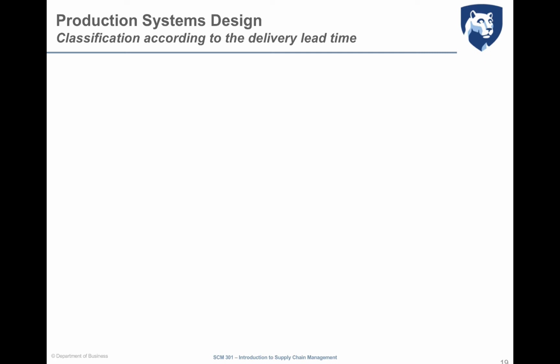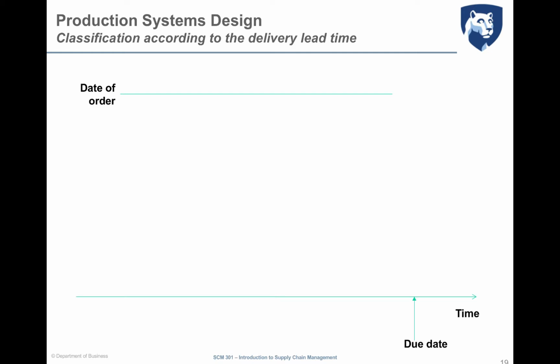Production process can be structured in order to manage differently this delivery lead time. And now we're going to see which are the different systems that can be configured according to the way in which a production system can manage the delivery lead time. Let's see this representation. This is the date of the order, okay?